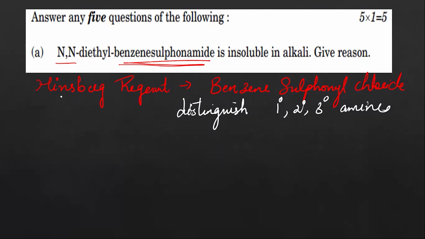Now this is the second step. N,N-diethyl benzene sulfonamide. So how will you prepare it? It will be a secondary amine, right? So just take a secondary amine. First of all, we will write the benzene sulfonyl chloride. Its structure will be like this, and it is reacting with a secondary amine.